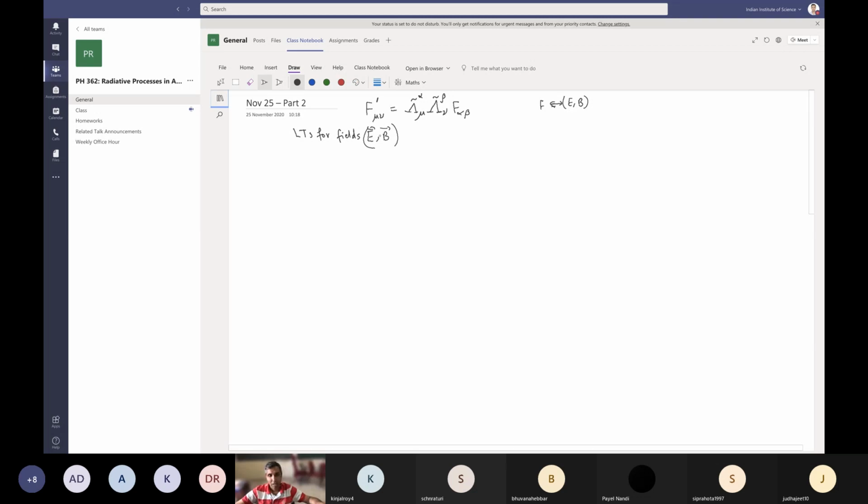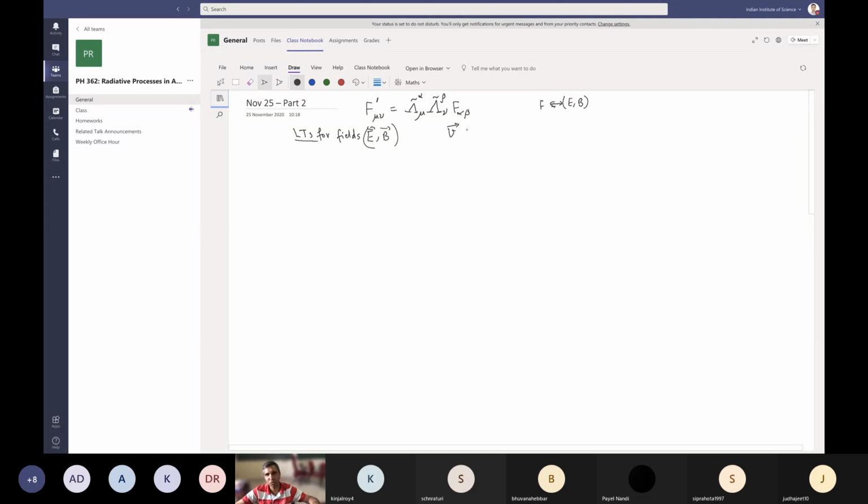Okay. It's somewhat tedious, but the answer that you get can be expressed in simple form. So this is the Lorentz transforms of the fields. Let me write it out. Suppose you have a velocity v.